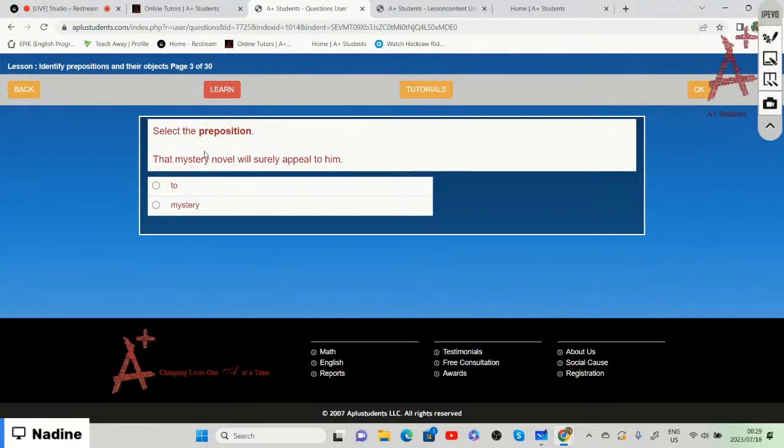We need to select the preposition. The mystery novel will surely appeal to him. So is it to or mystery? We need to select the preposition within the sentence. Is it to or mystery?